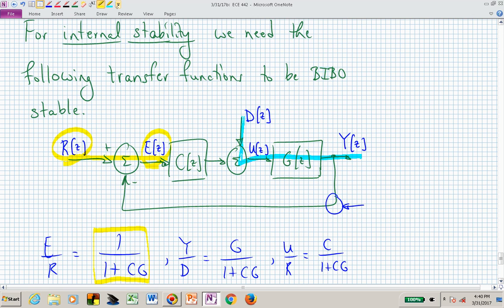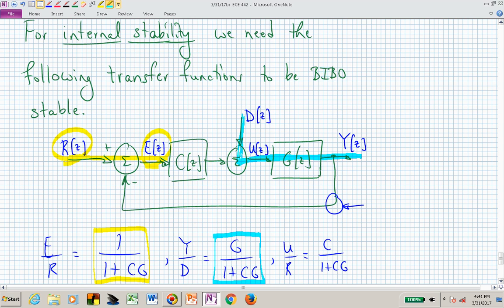We want to ensure that the transfer function between a disturbance and our output Y is bounded input, bounded output stable, or what that means is if we put in a bounded input for our disturbance, D, we obtain a bounded output for Y, and that transfer function is governed by G over 1 plus CG. We want that transfer function to be bounded input, bounded output stable.